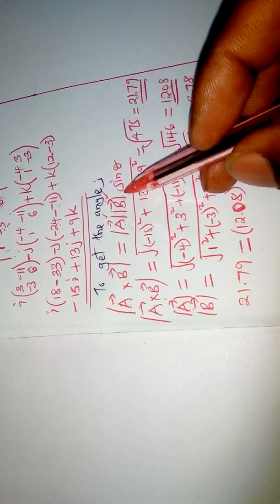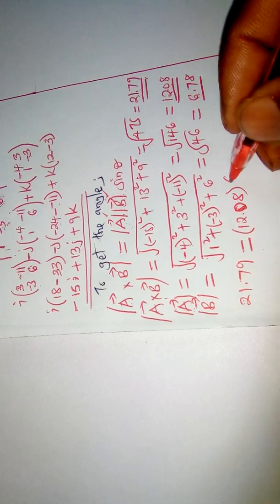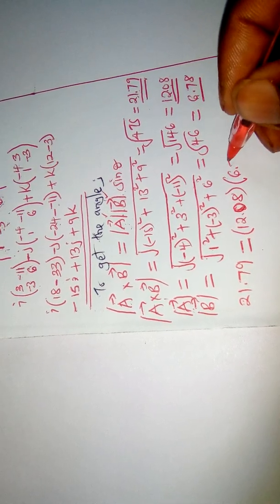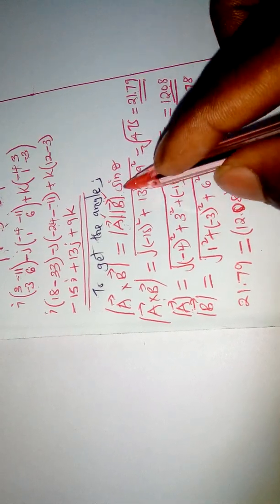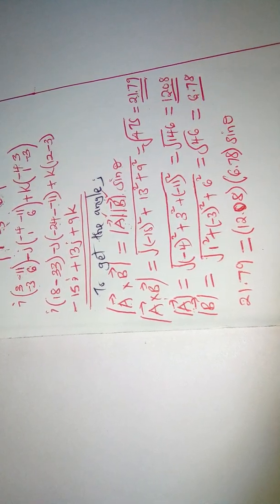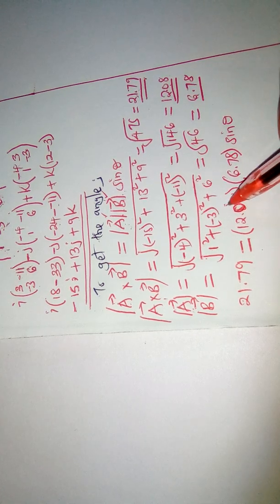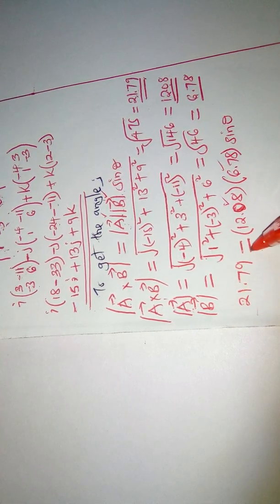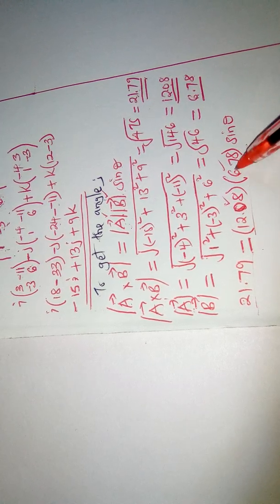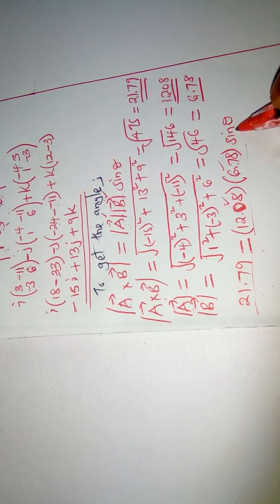And what is the magnitude of B? It is 6.78. So I'll multiply by 6.78, then it is sine theta. Now, to remain with the unknown, the two terms can cross the equal sign, because when I divide by the two terms, I should be remaining with sine theta.